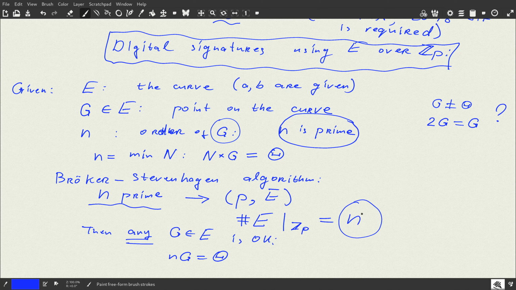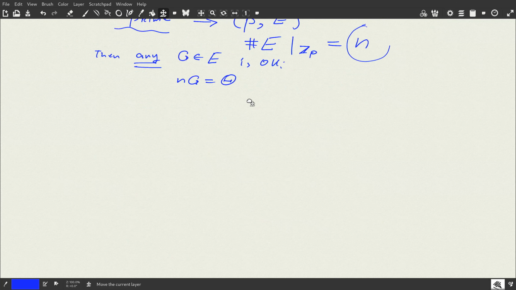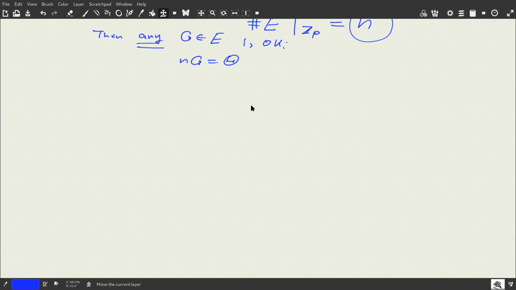Okay. So such a curve and p can be constructed for a given n. Okay, we'll use it. That's precisely what we need.